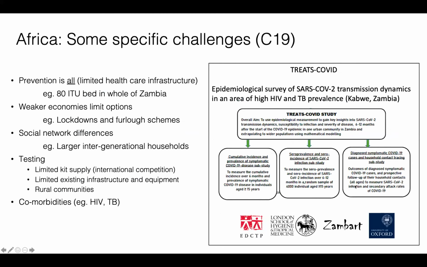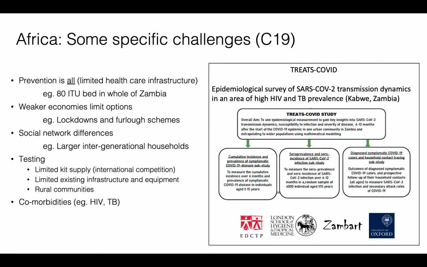More recently, I've been thinking about some of the specific challenges in Africa, again in this pandemic, and I think it's fair to say that in Africa, prevention is everything. With a country like Zambia having only 80 ITU beds in the whole of the country, and also with weaker economies than what we're used to in the UK, that limits options even for lockdowns and furlough schemes.